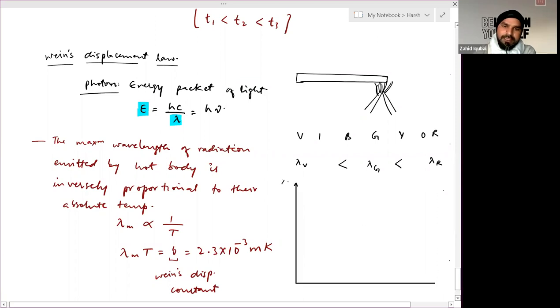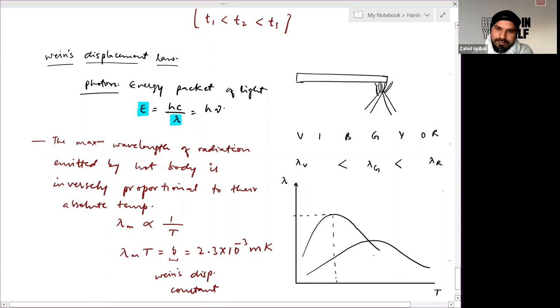Now let me define the graph related to this part. Suppose this is lambda versus temperature. At any instant, let's say the graph is like this. For some different temperature, let's say the graph is like this. So the maximum wavelength of radiation is this, and for some other temperature, this one.